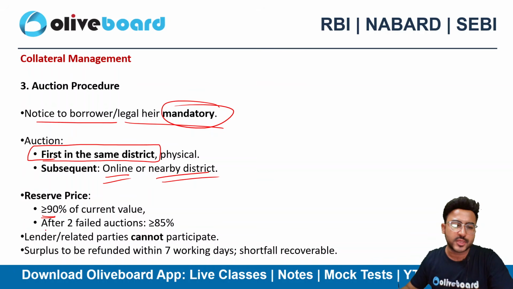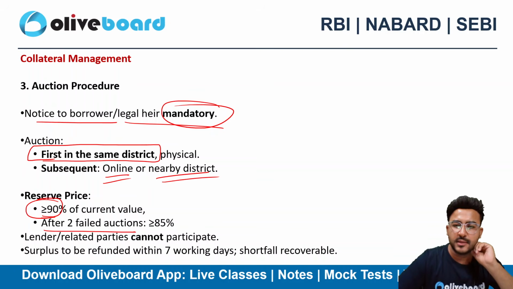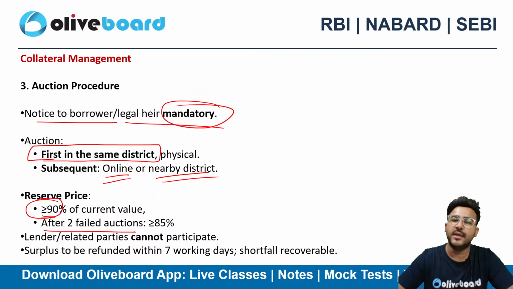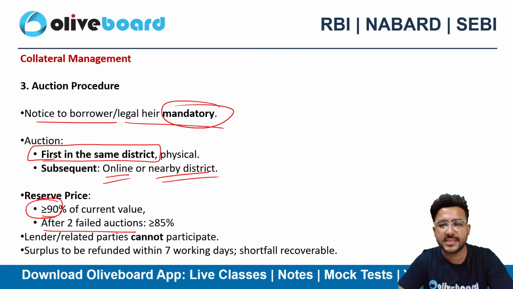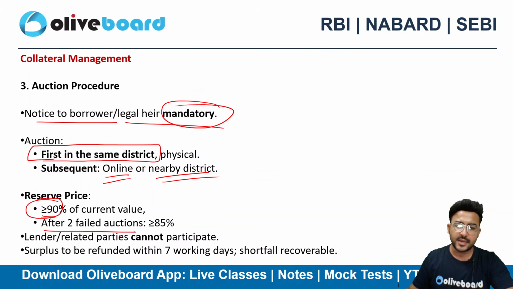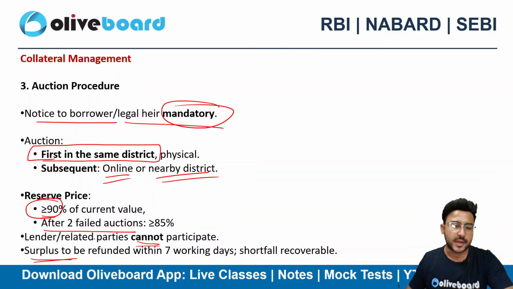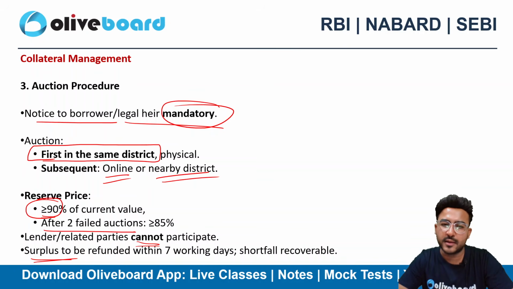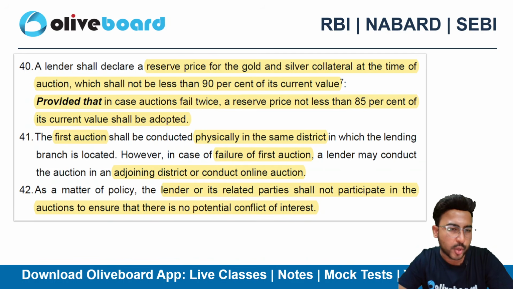After 2 failed auctions, let's suppose you are doing it at a higher than 90% valuation, the reserve price is greater than 90%, and still you are not able to sell, then after 2 failed auctions you can even take at least 85% or more than 85% as the reserve price. Lenders and related parties obviously cannot participate in this, and the surplus, if you are getting any surplus over and above your loan, you need to refund it back to the borrower.